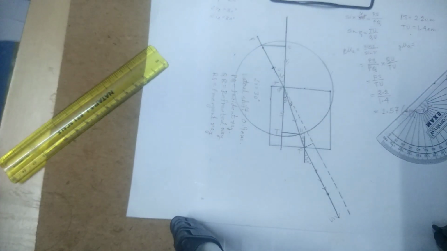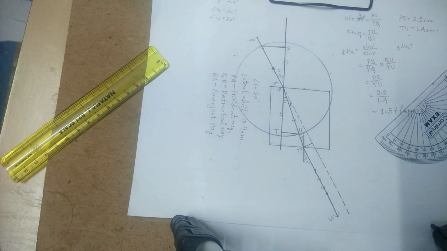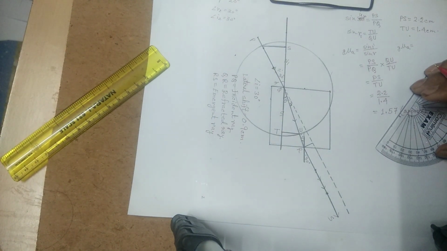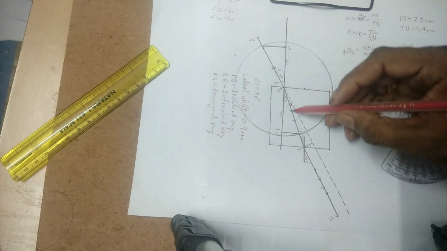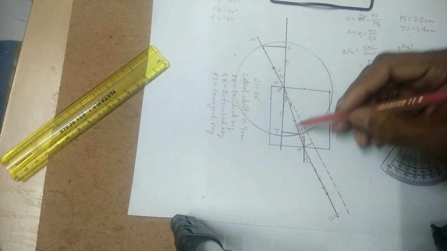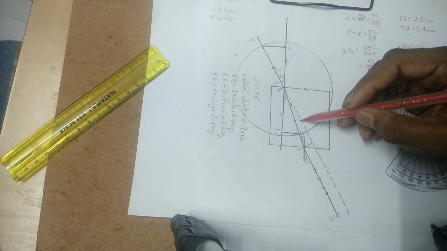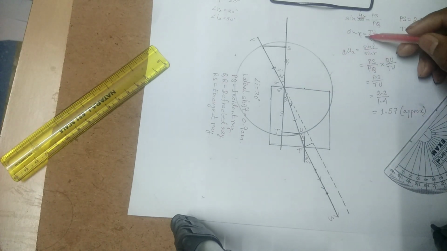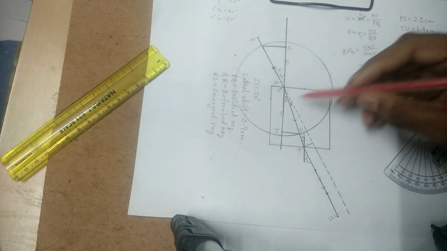Right? We'll find sin R1. Sin R1 is, let us find this angle. That means sin R1 is perpendicular by hypotenuse. Perpendicular is TU and hypotenuse is QU. Right? Therefore, sin R1 is TU by QU.